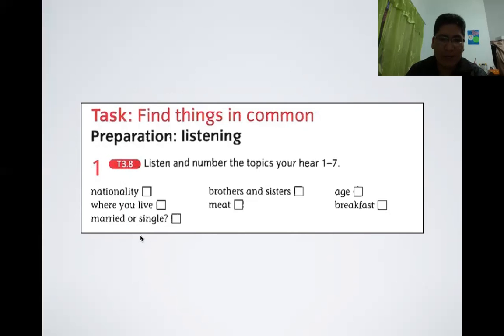Here we have 7 topics: nationality, where you live, married or single, brothers and sisters, meat, age, and breakfast. You are going to listen and put numbers. For example, number 1 is breakfast. And what's number 2, 3, 4, 5, 6, 7? You're going to listen and put the numbers.